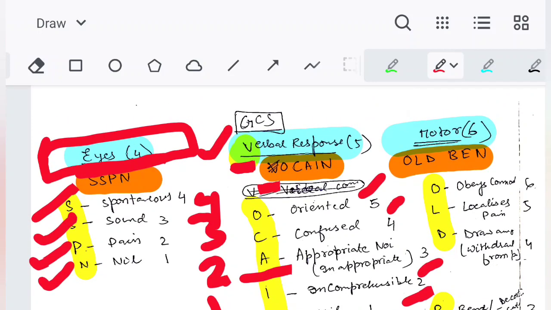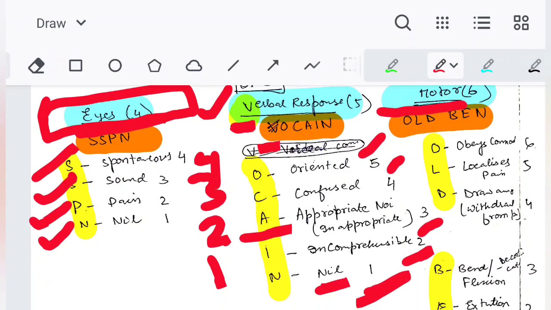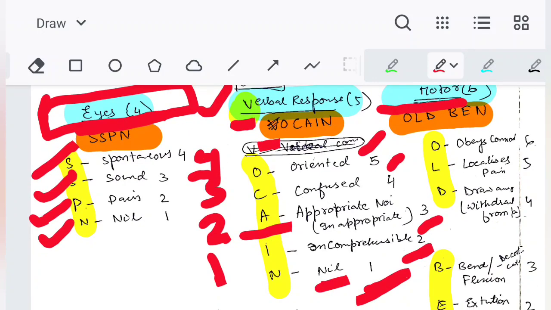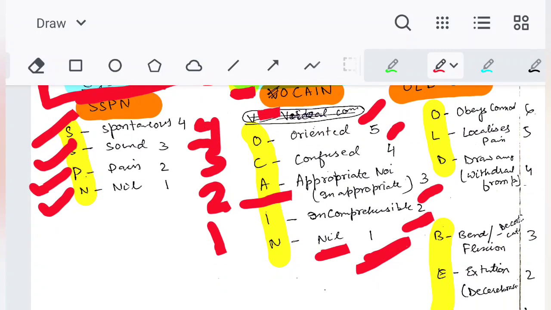Okay. Now comes the motor response. So for the motor response, the mnemonic is OLD BEN. So first is O, that is obeys command, with a score of 6. Then localizes pain, a score of 5. Then D, withdraws from pain, that is a score of 4.